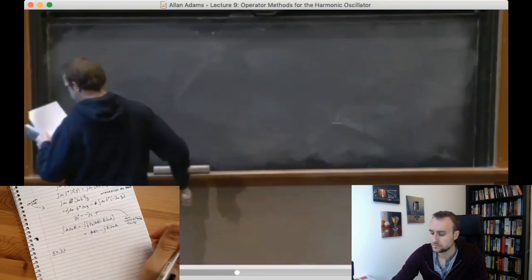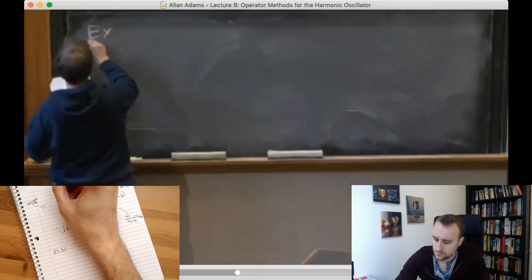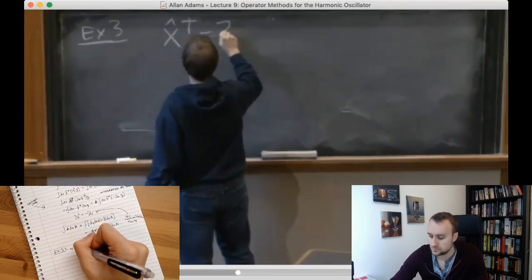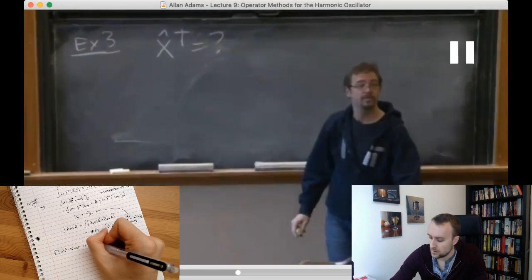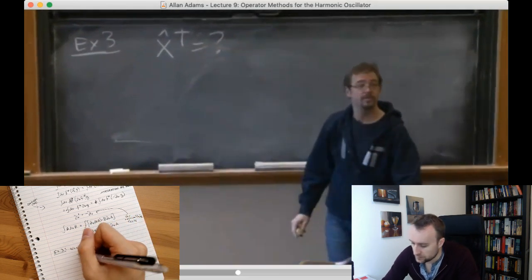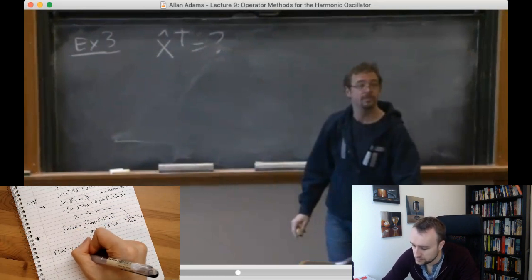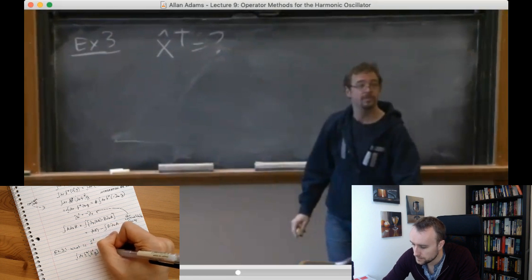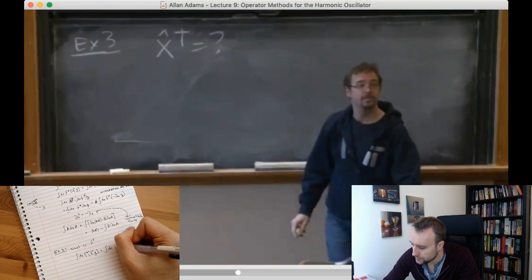Okay. So another example, which is number 3. What's the adjoint of the position operator? All right, let's see if I can do a little better this time. All right, so we've got the integral dx of f star times x hat adjoint g, equal to the integral dx of x hat f, complex conjugate g.